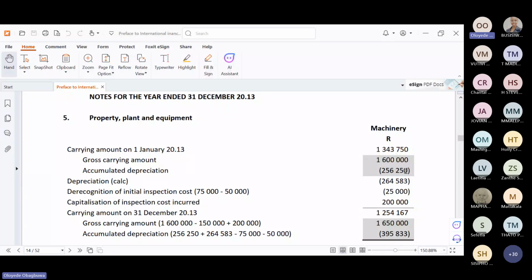That's the depreciation we have. The total cost is 160. Then it means our carrying amount on January 31st, 2013 is 1,347,50.